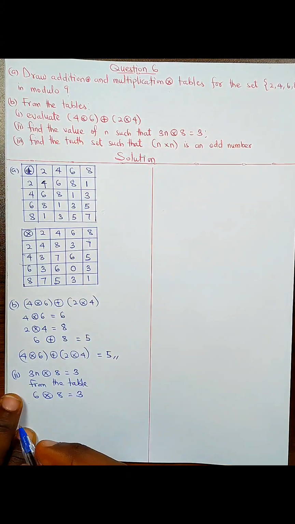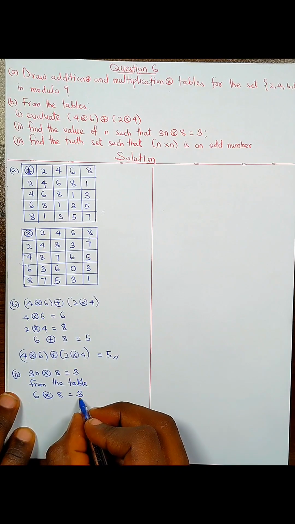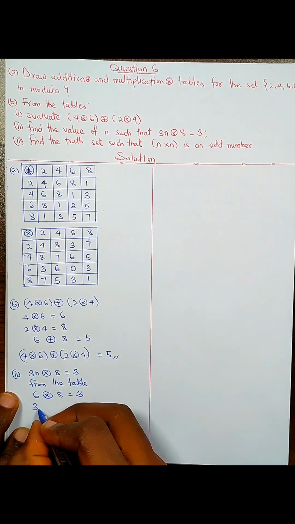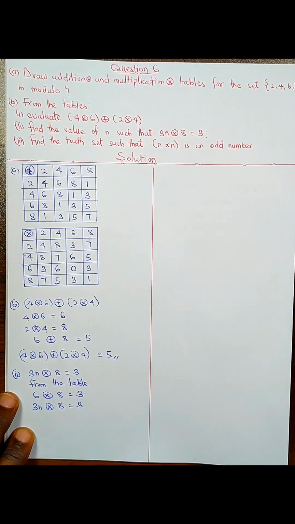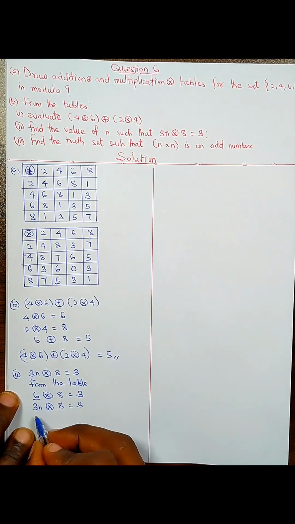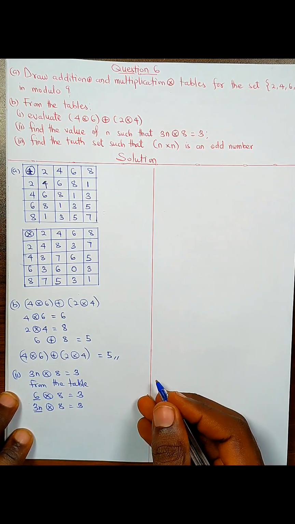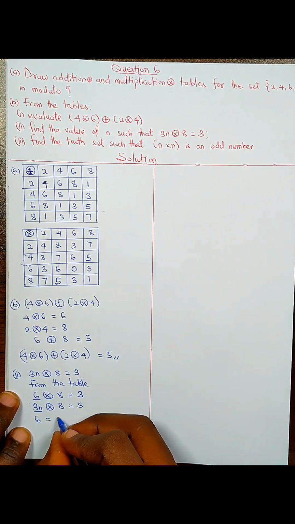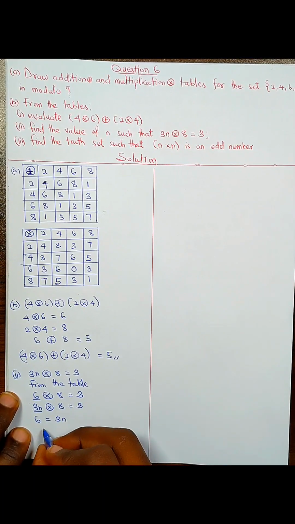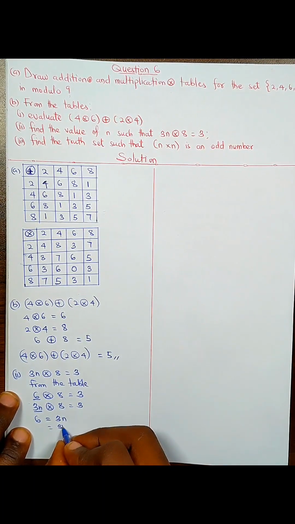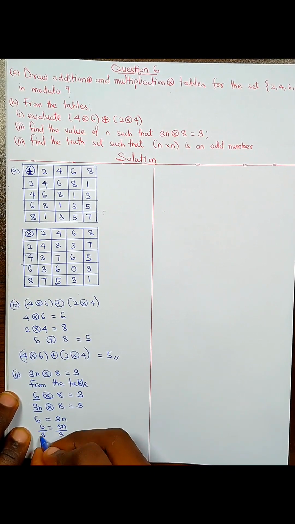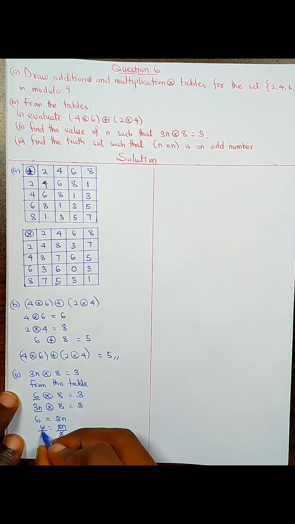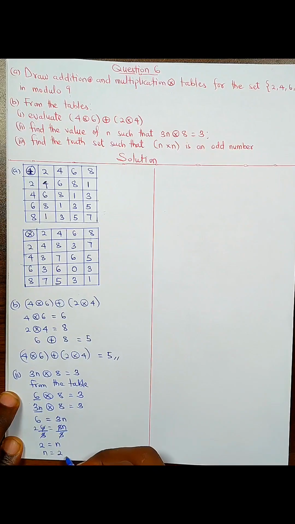No. So if 6 multiplying 8 is giving us a 3, and 3n multiplying 8 is also giving us a 3, then the value here and the value here should be the same. So we can say that 6 should be equal to 3n, and then we divide both sides by 3. So we have 2 is equal to n, and n is equal to 2.